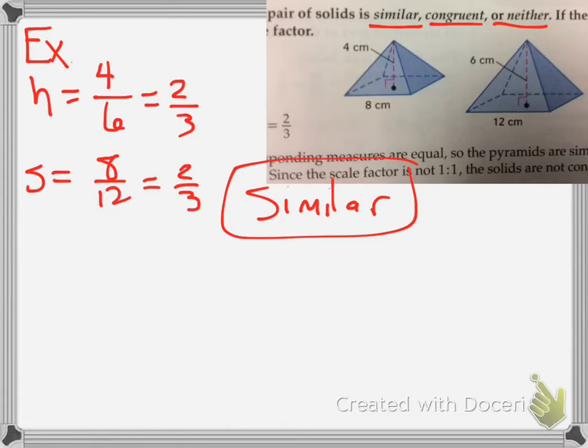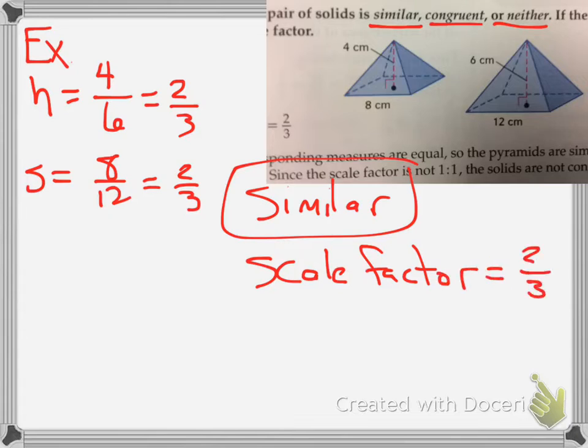Not only are they similar, but I could even say that there's a scale factor of 2/3. And the reason that's important is that any measurement from the first one, or from the second one, like from here to here, is 2/3 of that.